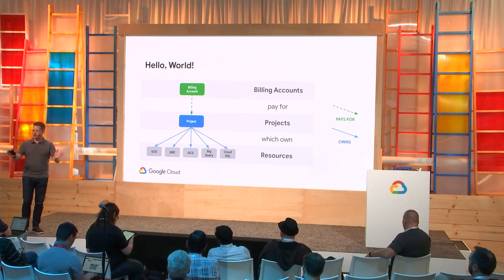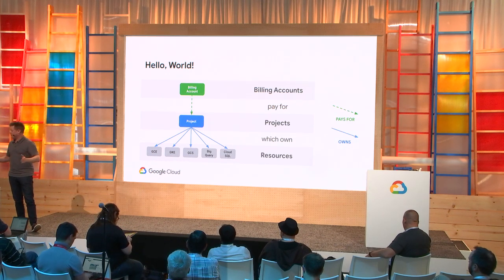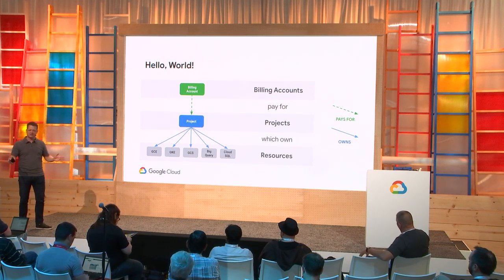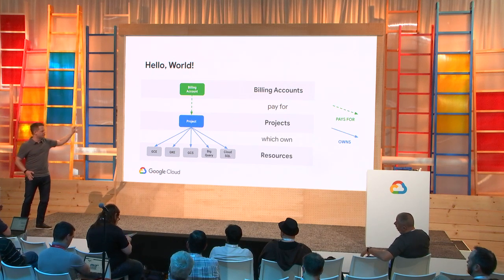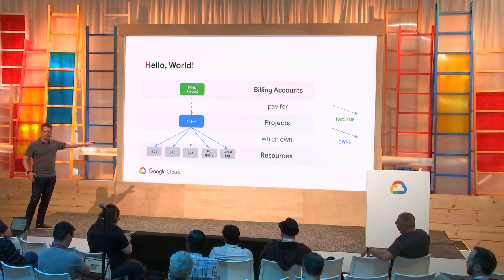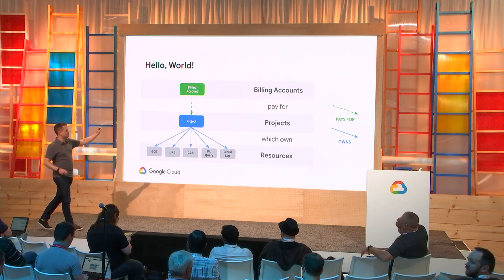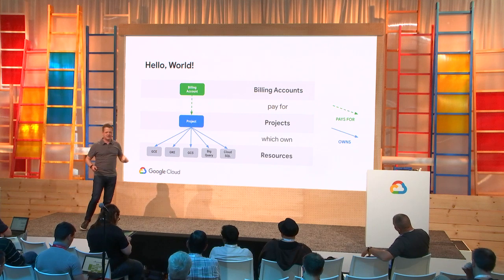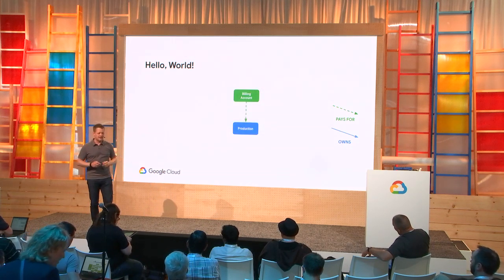You can give a user in your organization superpowers on their billing account. They can be a billing account administrator and have full view of your costs, but have no control or visibility or access to any of those resources within a project. It's a really important point. We'll come back to it again later. But that's why I have this vision test to see dotted and solid lines.